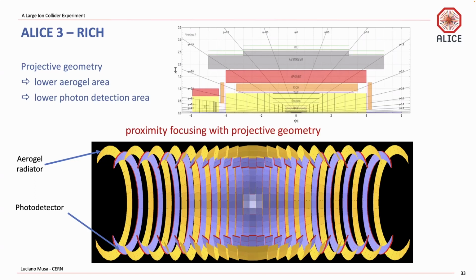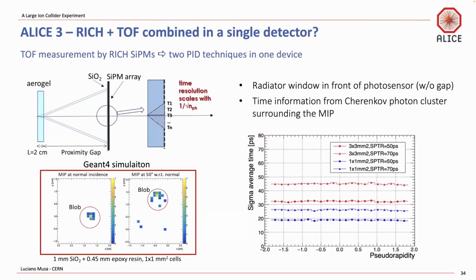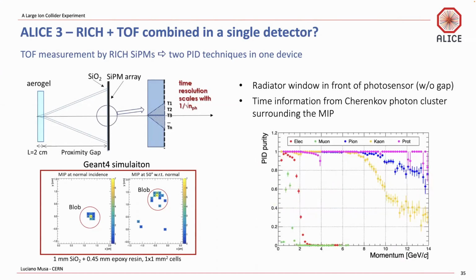Now the question is, what is the performance? So now let me see if I have a plot here. Okay, all right. So this is what we expect in terms of PID purity with the combination of the TOF and the Cherenkov detector using aerogel as a radiator.